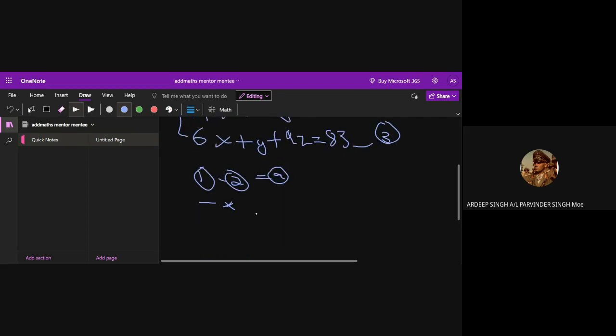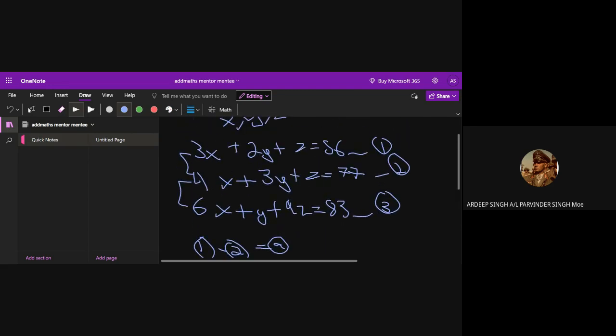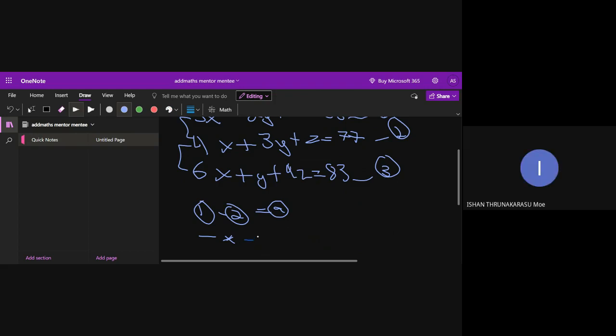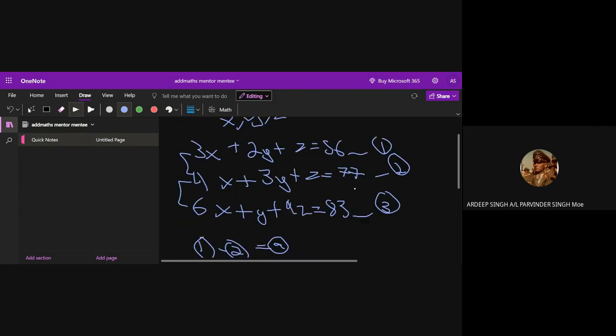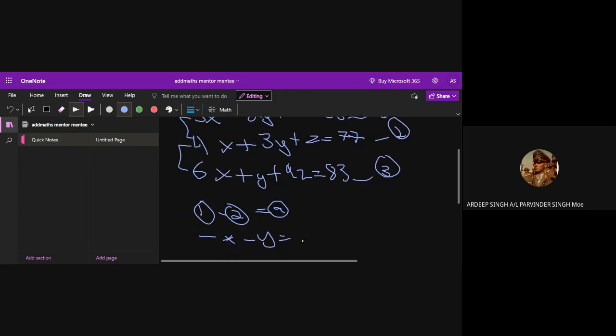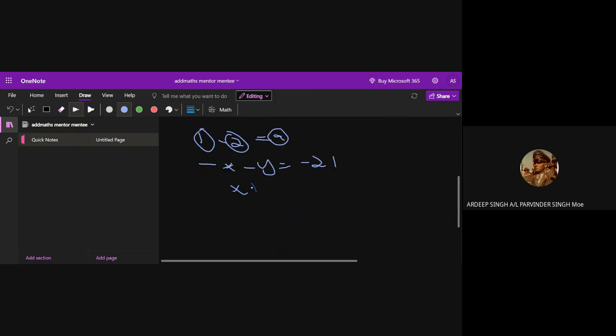Then the next one, 2y minus 3y, because we say 1 minus 2, so the 3y becomes negative, so you get negative y. Then 56 minus 77, so you get minus 21. So you get x plus y equals 21. So you get one equation here, A.